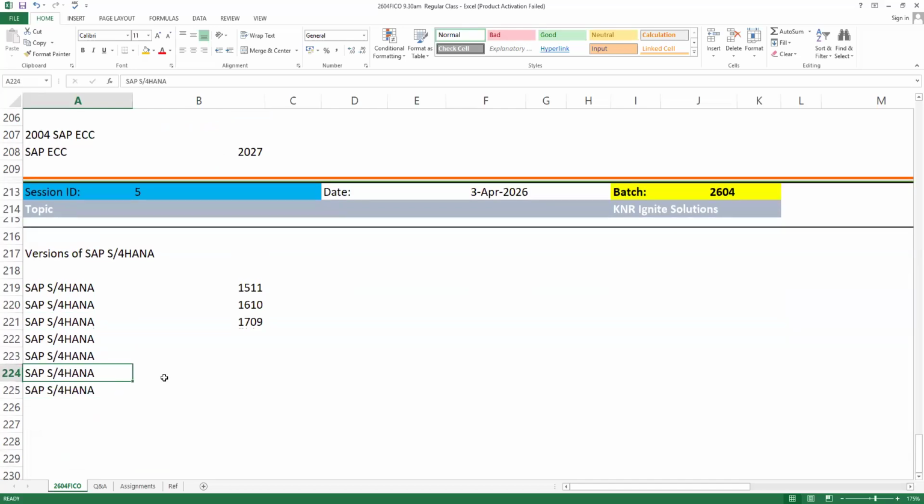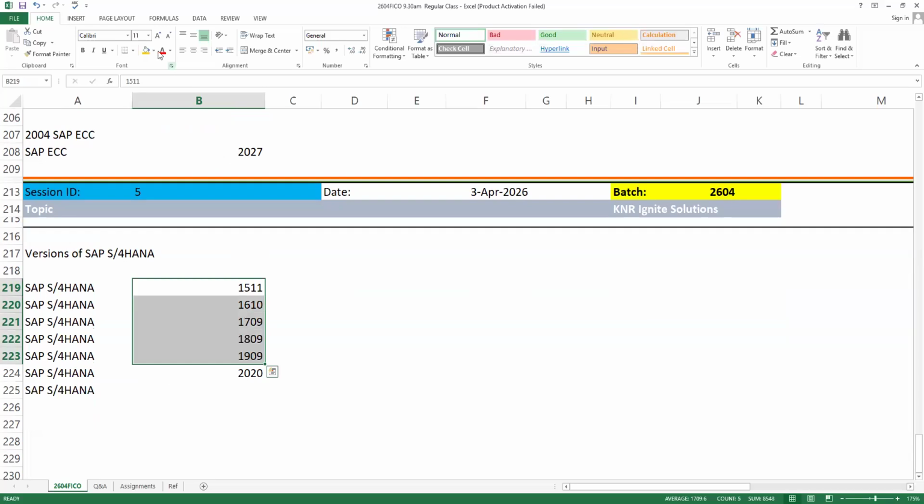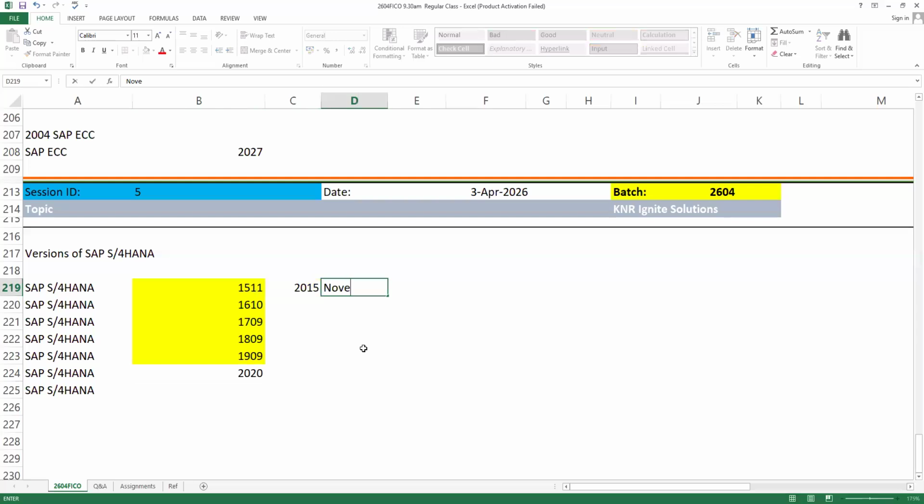Let me give you the other version details also. Then 1809, then 1909, and then 2020. From here there is a pattern difference. Instead of mentioning the months, every year they update in October. This is 2015 November; from here, this is 2020 October. Every year they bring it out in October only.